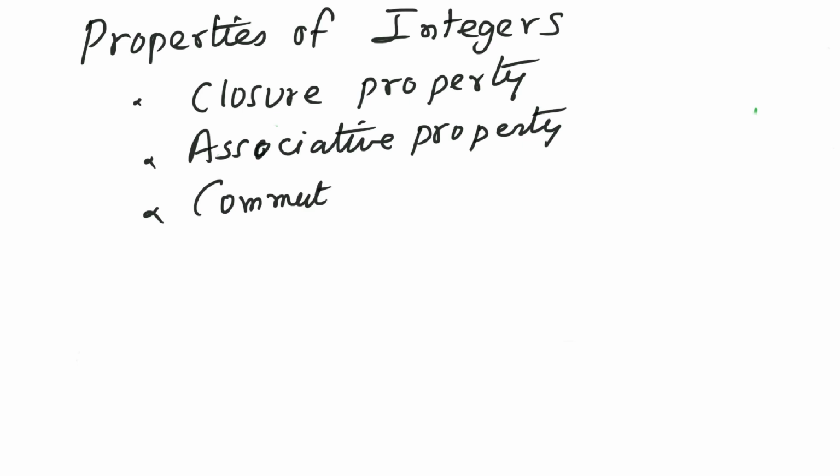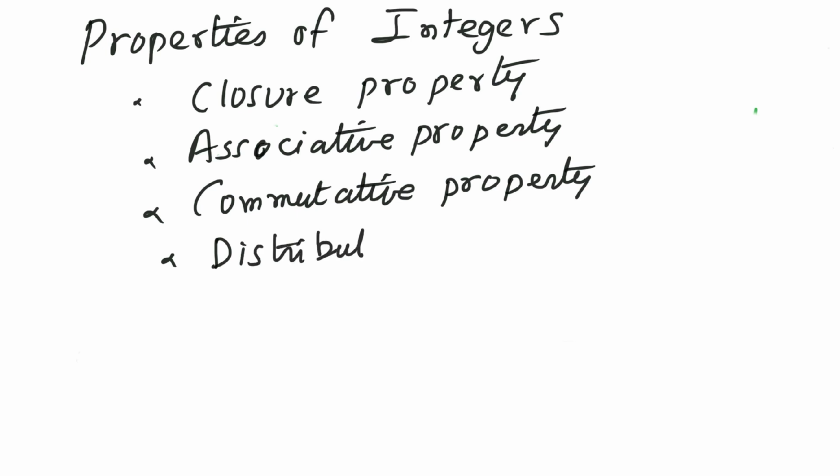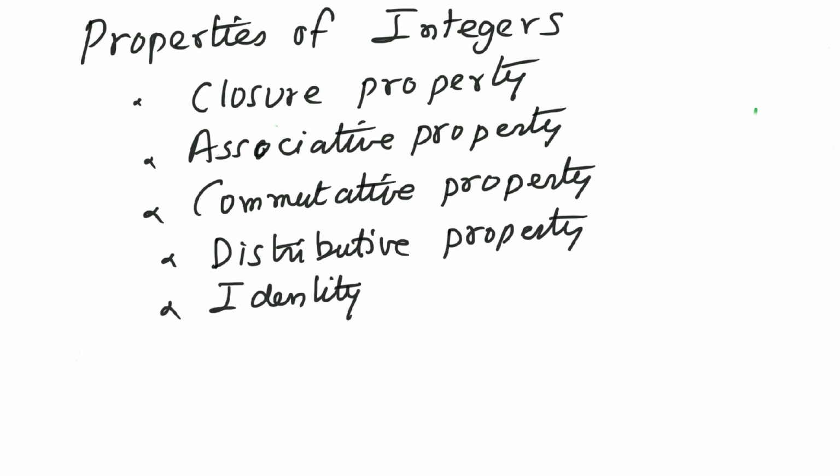The third property is commutative property. And the fourth property is distributive property. As I already mentioned, to get a better idea of these properties, students are requested to view the first video where we have a detailed discussion along with the examples. The fifth one is identity property.